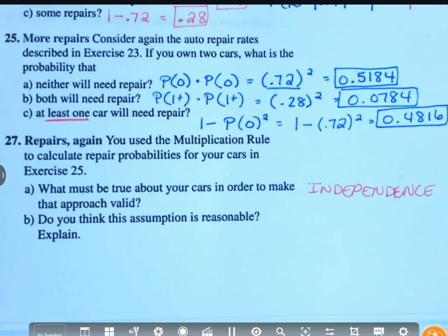Or if you have really, really nice cars, like a Tesla and, let's say, one of those other really big expensive cars. A Beamer is not on the Tesla scale of expensive.